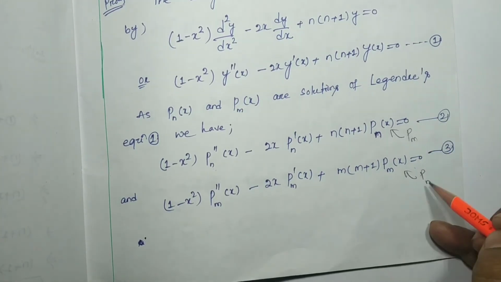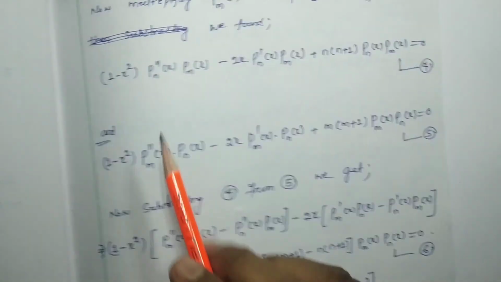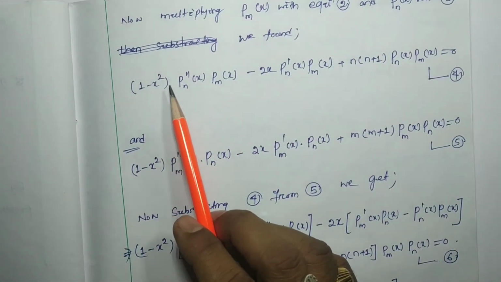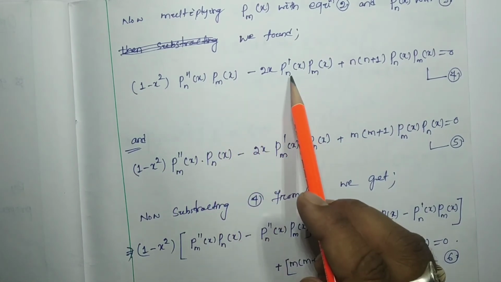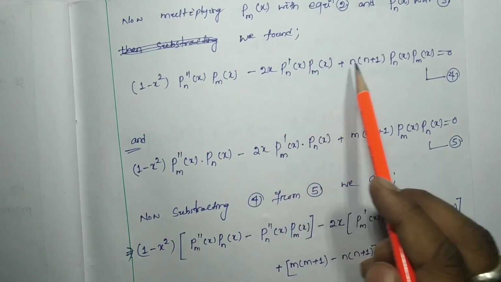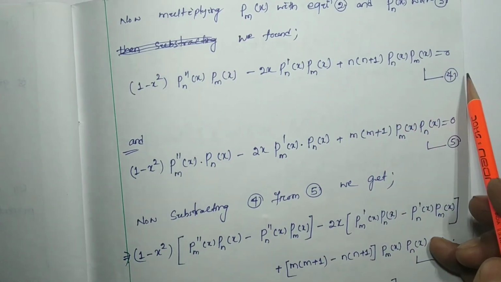Pm with 2, Pn with 3. What we are going to get is (1 minus x square) into Pn double dash (x) into Pm(x) minus 2x Pn dash (x) Pm(x) plus n into (n plus 1) Pn(x) into Pm(x) equal to 0. Let it be equation number 4.